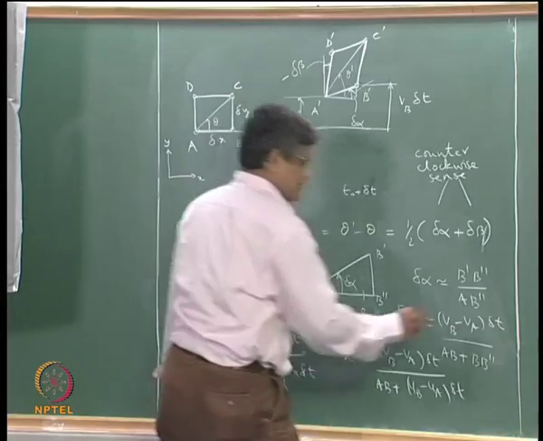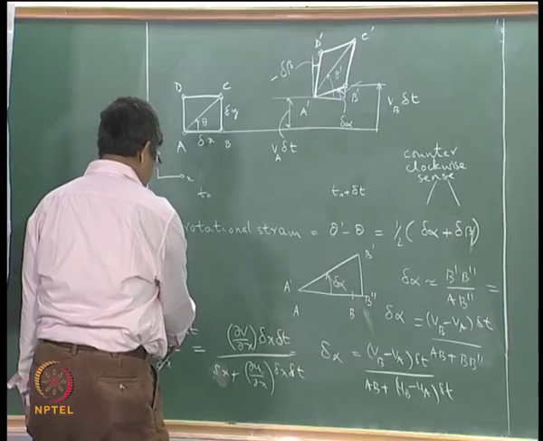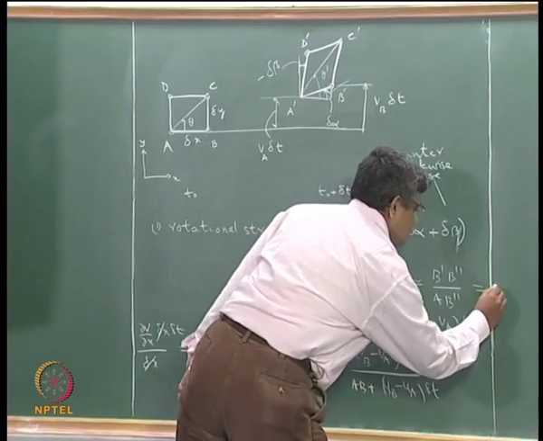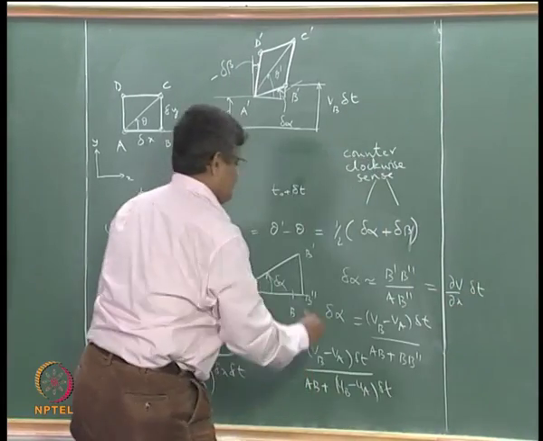Finally we get delta alpha equal to dou V by dou x times delta t.